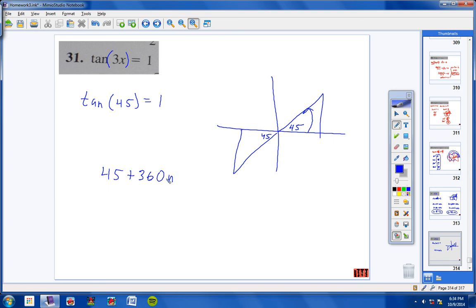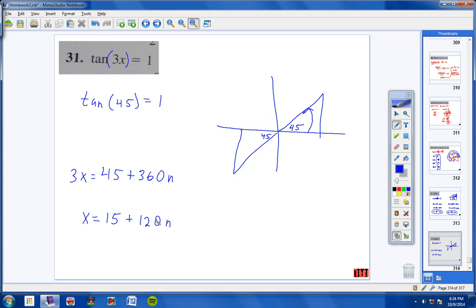And remember, this whole angle is 3x, so really x does not equal this here. 3x equals 45 degrees plus 360n. Now divide everything by 3, and we get 15 plus 120n.